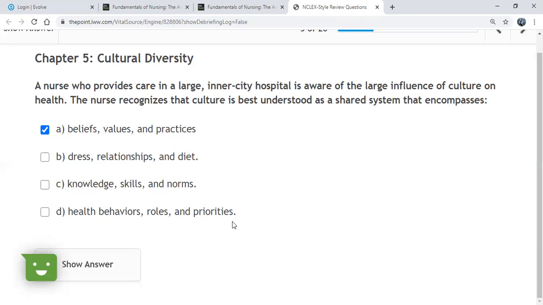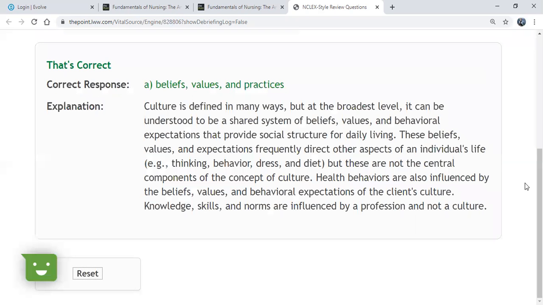And that also falls into the beliefs. So how we think, how we behave, how we dress, how we eat. These are all things that are values, expectations. They directly affect things about our life.